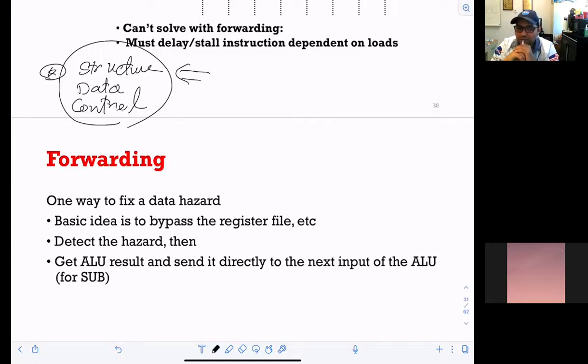We mentioned that to fix the problem of the data hazard there are 2 different types of solutions, one at the software level and one at the hardware level. The software level, we call it what?